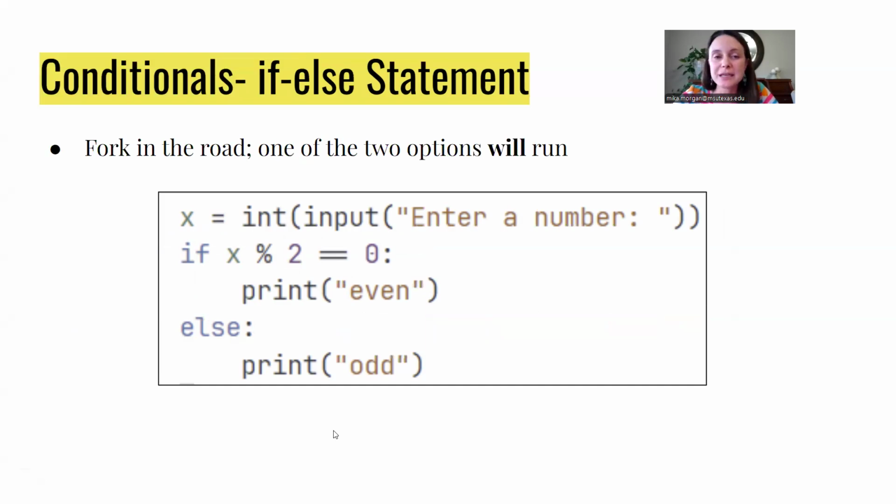The next conditional statement is an if else statement. And this one is kind of like a fork in the road. You have to do one of these two options. One of these two things will run. So there is no, we just ignore it if it's false.